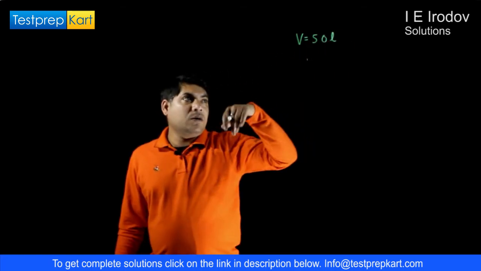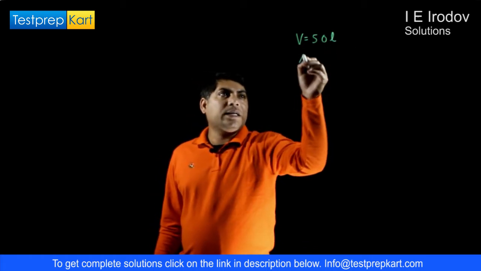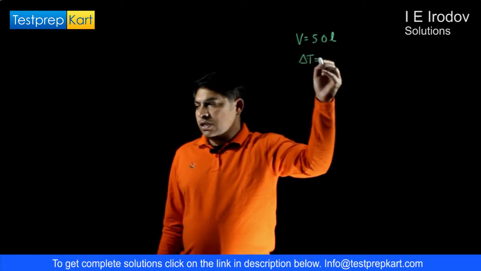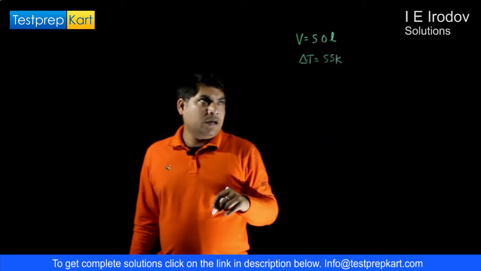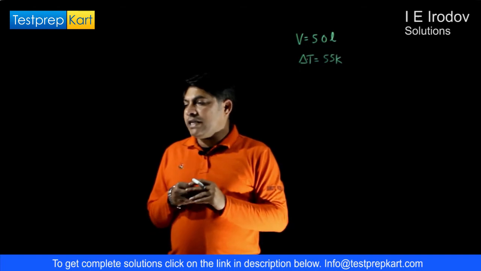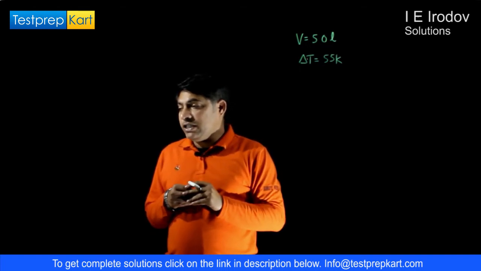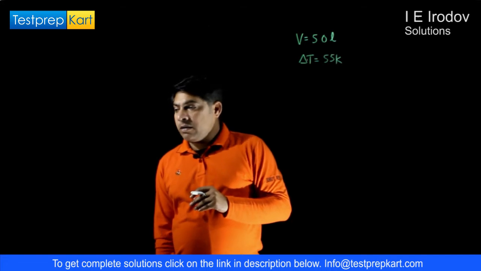Now if this is cooled by delta T, 55 kelvins, find how much the internal energy of the gas will change and what amount of heat will be lost by the gas.